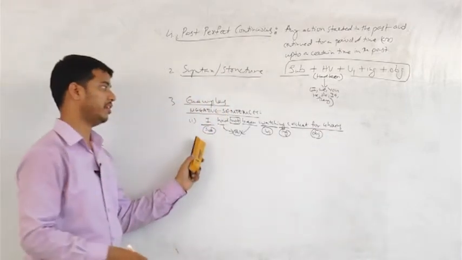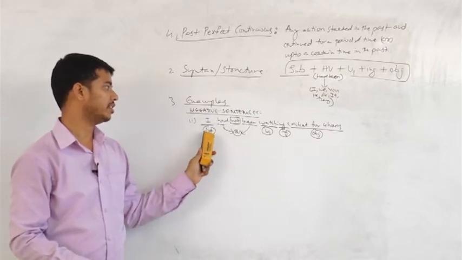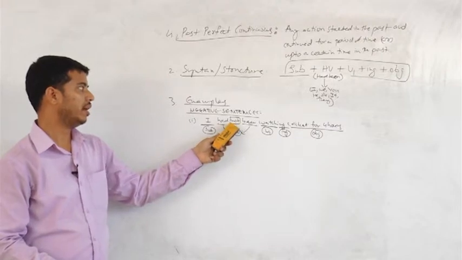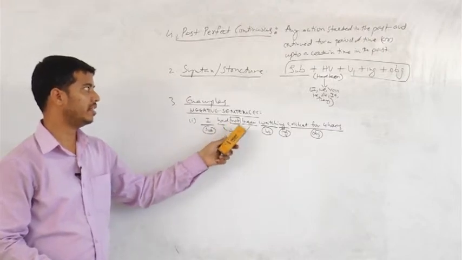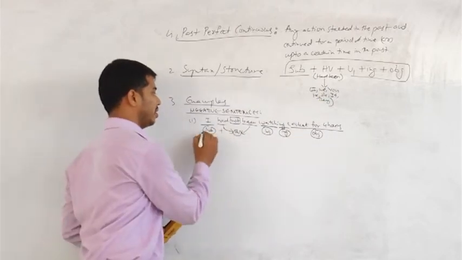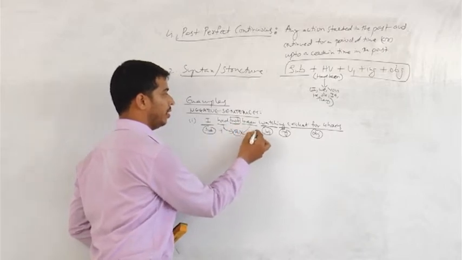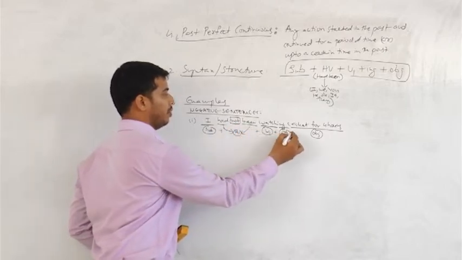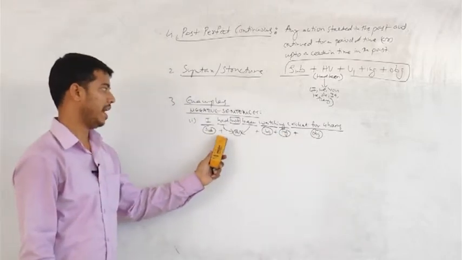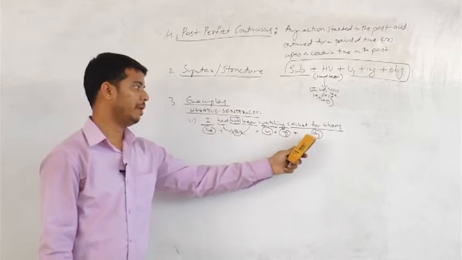If you observe the structure or syntax of this negative sentence, what exactly have we done? We brought not and inserted it in between had and been, right? So this becomes the structure for the negative sentence: subject plus had plus not plus been plus V1 plus ing plus object.